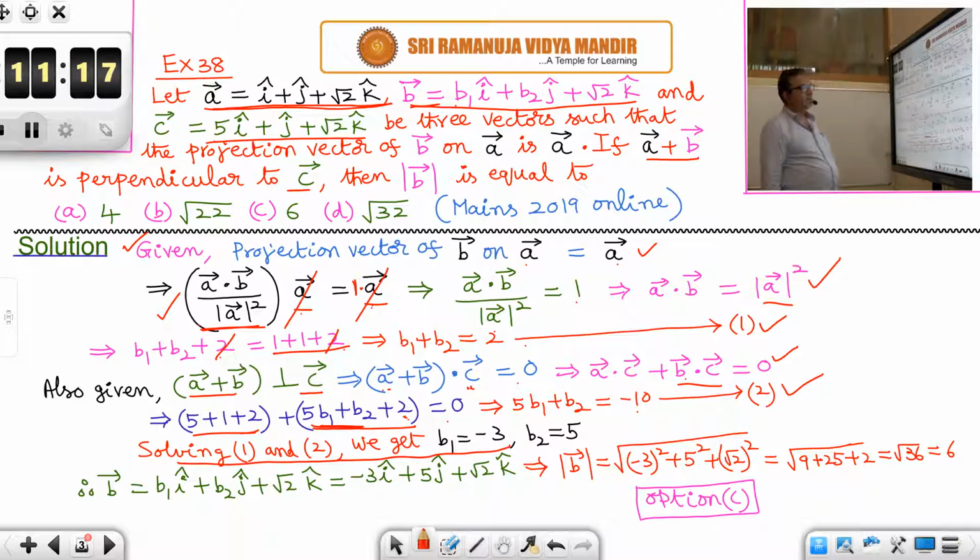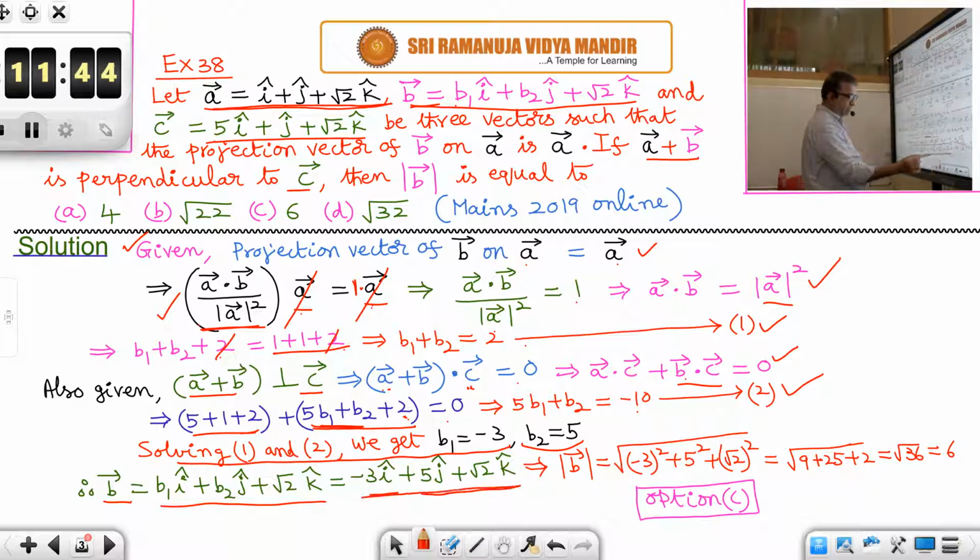If you put b1 is equal to minus 3 in the first equation, then you will get b2 is equal to 5. So those two values we have obtained. That means we can completely find the vector b bar now. B bar is actually b1i plus b2j plus root 2k. b1 is minus 3, so minus 3i. b2 is 5, so 5j plus root 2k. So vector b bar is completely known now.